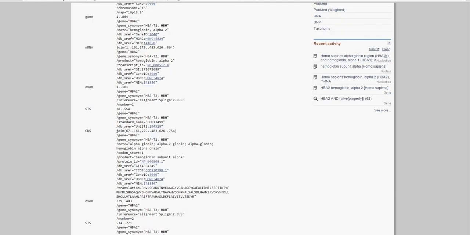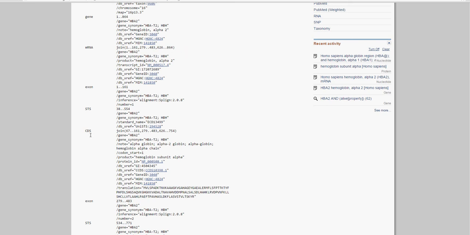The mRNA tells us where the exons are. So the first exon is 1 to 161, the second exon 179 to 483, the third exon 626 to 864.